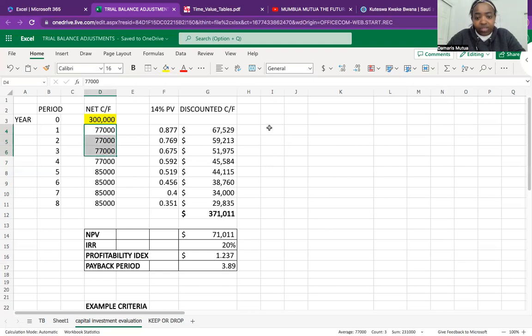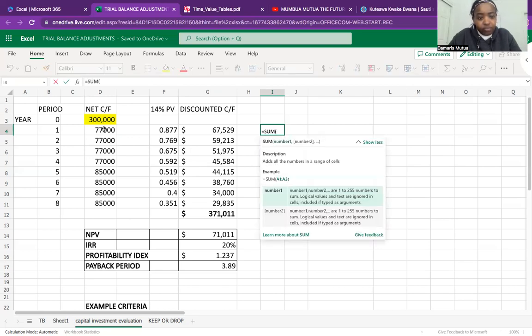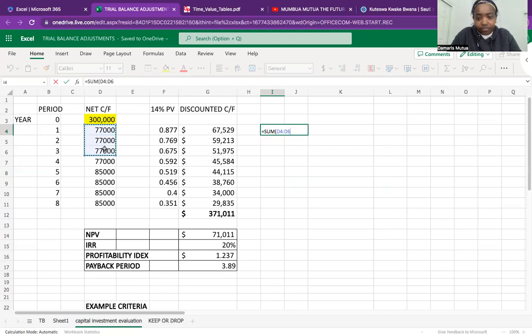So at the end of year 4, we will have recovered the sum of these. By the end of year 3, we'll have recovered 231,000, and the initial investment was 300.